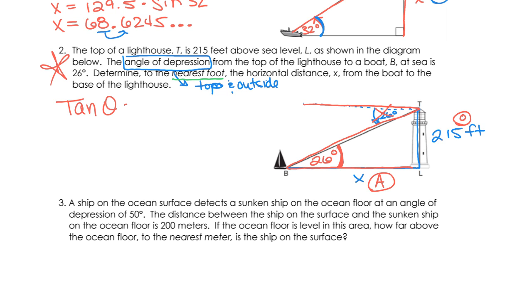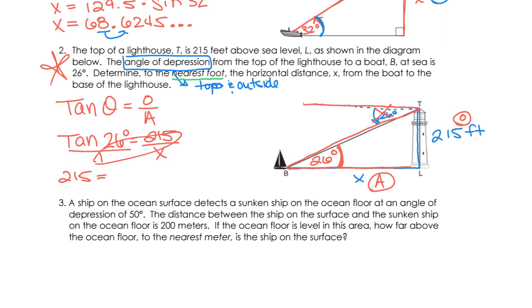Tangent theta equals opposite over adjacent. Tangent of 26 degrees equals my opposite over my adjacent. We are solving for a side, so we cross multiply and end up with 215 equal to X times the tangent of 26 degrees. We divide by the tangent of 26 so that we get X equals.